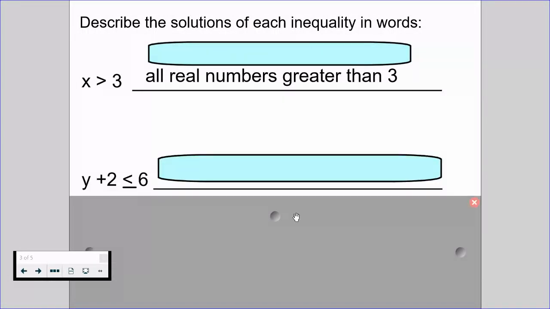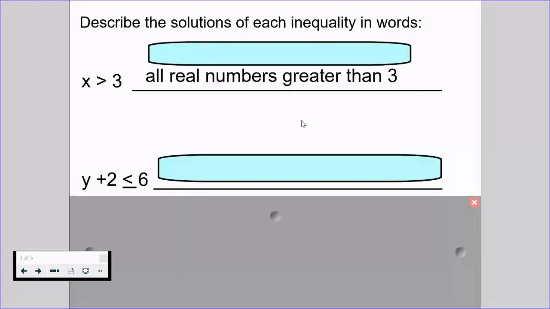What about this one here? We have y plus 2 is less than or equal to 6. Let's talk about how we would find this. Well, if we start to substitute numbers in, let's use 0. We substitute that in, we get 2 is less than or equal to 6. That's true. If we use 1, we get a true statement. If we use 2, we get a true statement.